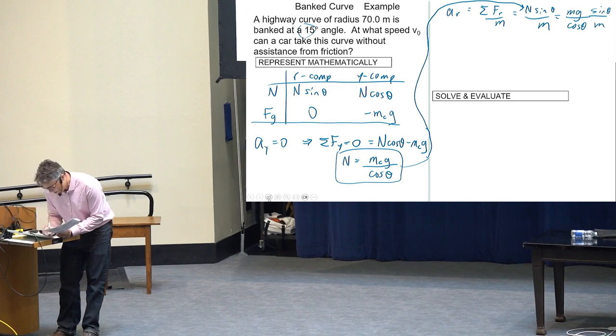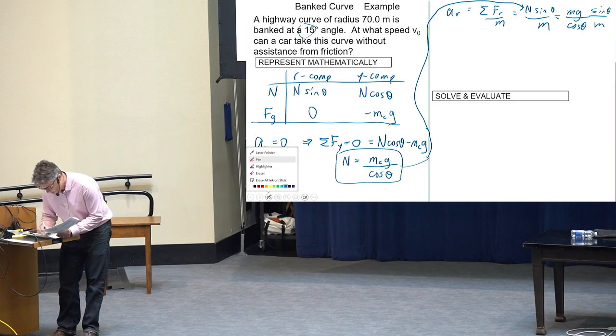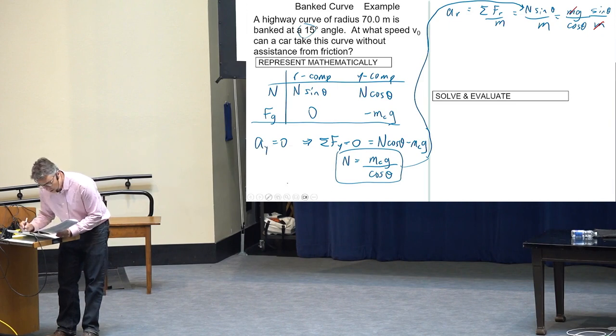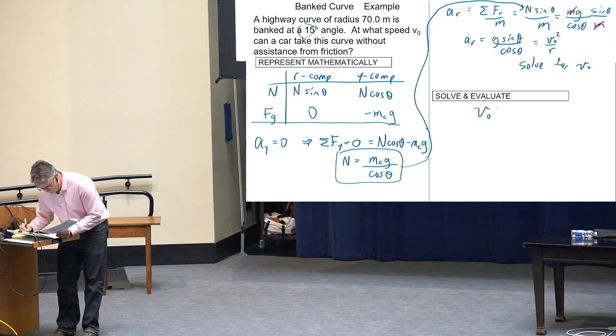Actually, there's m's on the top and the bottom, so that's lucky. I can cancel this m with this m. And you get that a sub r is equal to g times sine theta divided by cos theta. And that's equal to v squared over r, because in a circle. So solve for v0. That's it. So v0 squared is equal to g times r times sine theta divided by cosine theta.